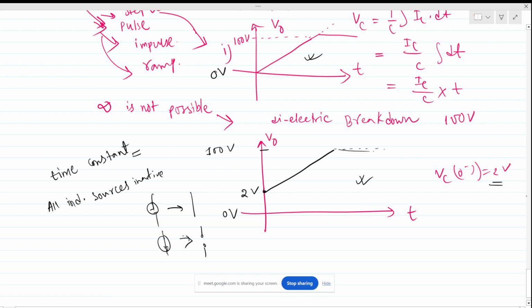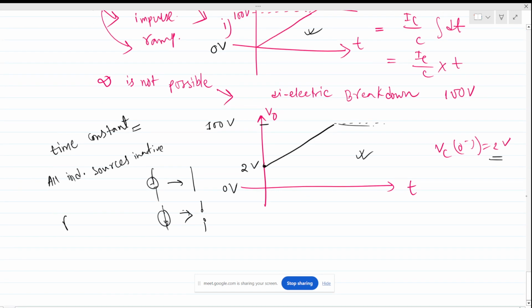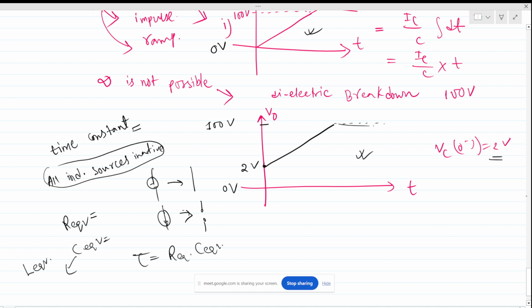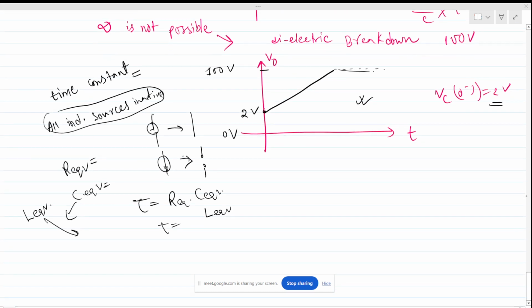Then we find the equivalent resistance and equivalent capacitance of the circuit, and the time constant will be R equivalent times C equivalent. That is for an RC circuit. If there is an RL circuit, we find the equivalent inductance, and the time constant will be L equivalent divided by R equivalent, L by R.